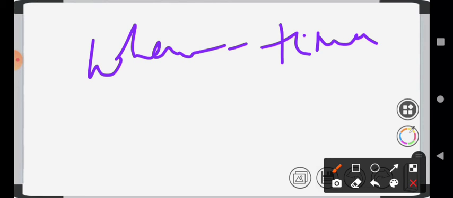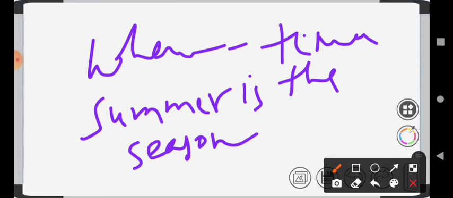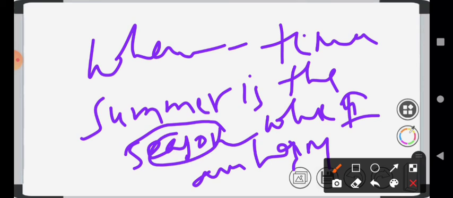For example, summer is the season when I am happy. About the season, summer is the season. We are discussing the summer. In that period, that time, I am happy.